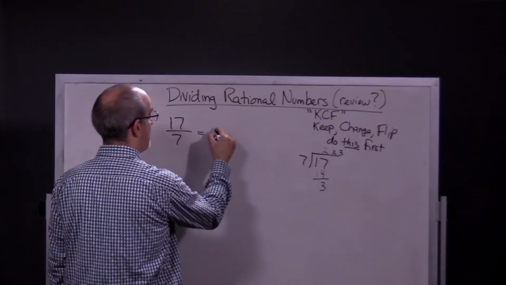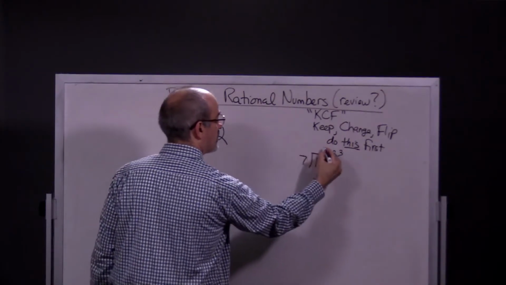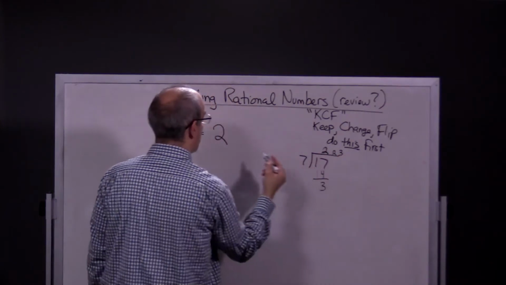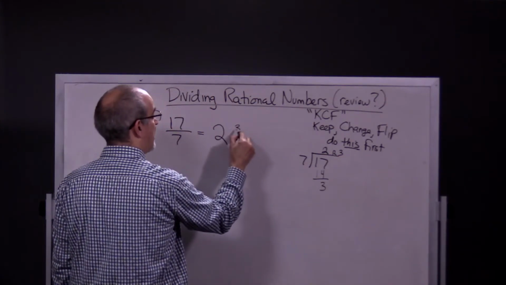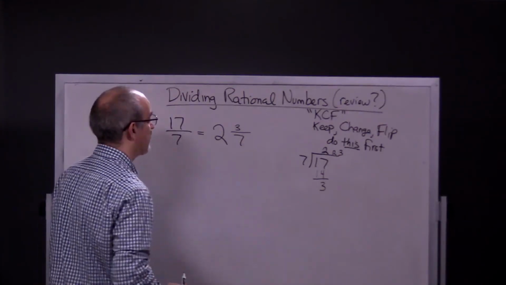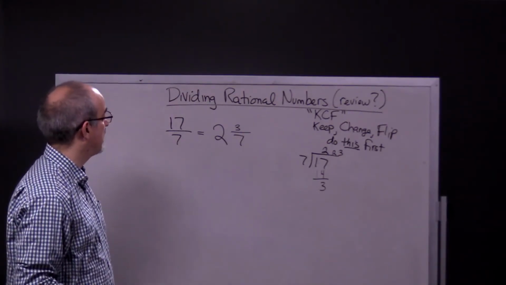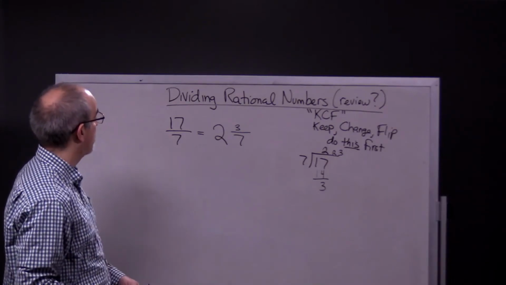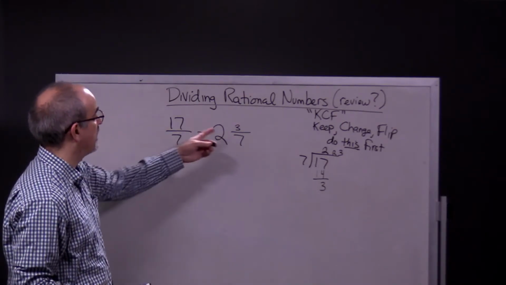So this is going to be 2, then 3 from the remainder, then 7 from what's already in the denominator. So 17/7 is 2 3/7.